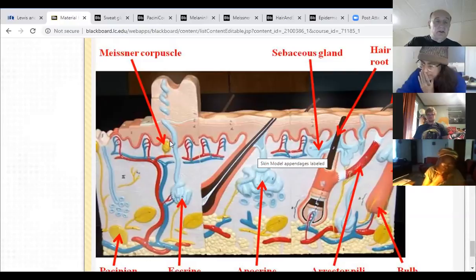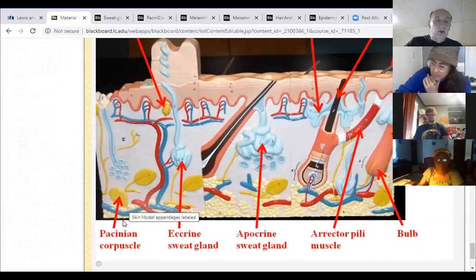And the other element of our nervous system that we'll mention here will be these large yellow ovals deeper in the reticular region of the dermis. There are quite a few of them. Only one is labeled Pacini or Pacinian corpuscle. And this detects pressure and vibration.